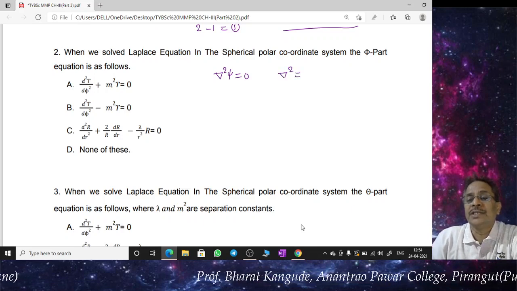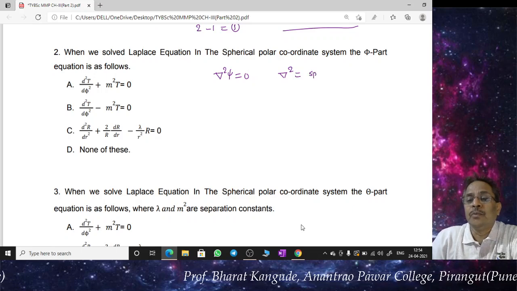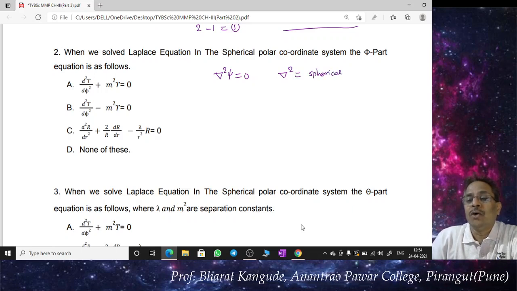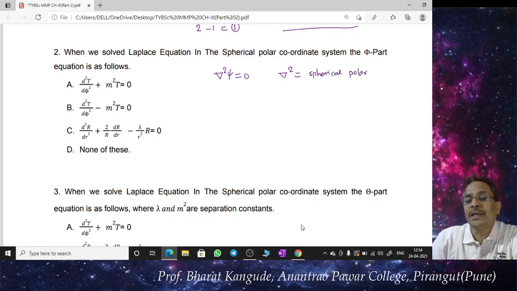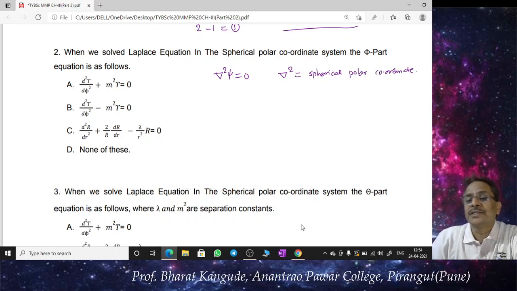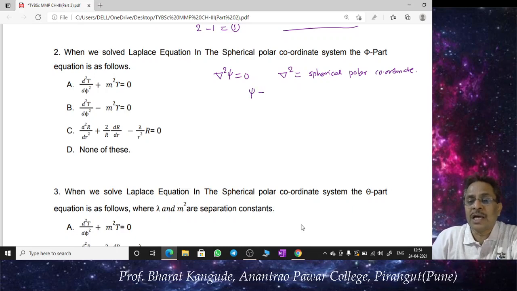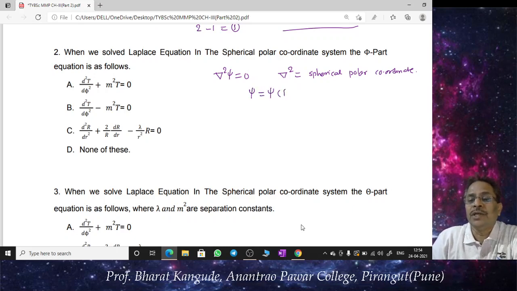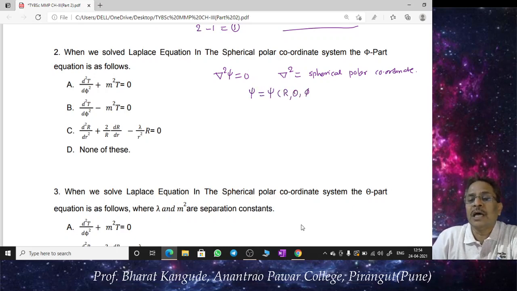So express this del square in the spherical polar coordinate system. Some of you might know this exactly. In this case we replace this psi as a function of 3 independent variables r, theta and phi.